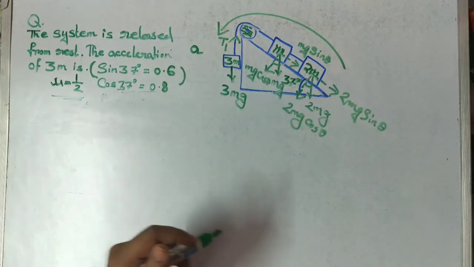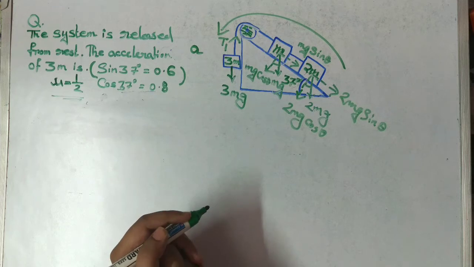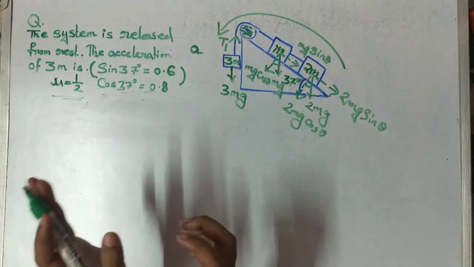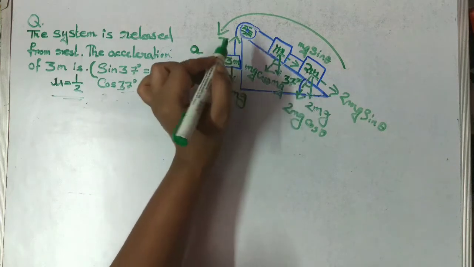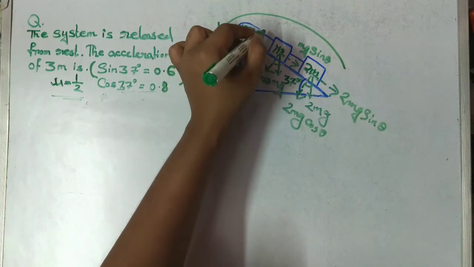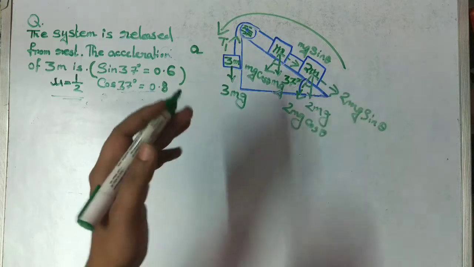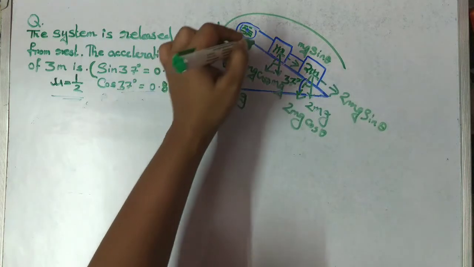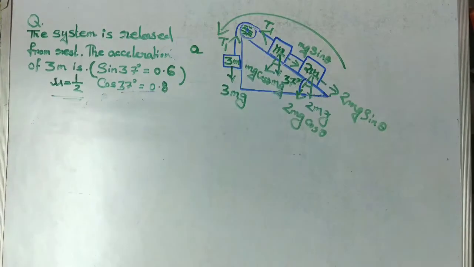And we know, as this is a massless pulley, the tension on both sides of the pulley will be the same. Similarly, the 3m mass will be pulling this portion of the string, so there will be a tension force which will be T1, the same.